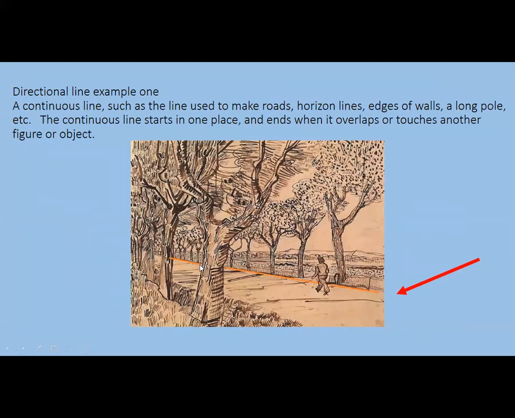It starts in one place, ends when it touches something else. The side of this tree here, we go along the branch, along the trunk, ends when we touch the ground. That's a directional line that leads us from the top of the drawing all the way down to the grass near the bottom of the drawing. So that's one kind of line.